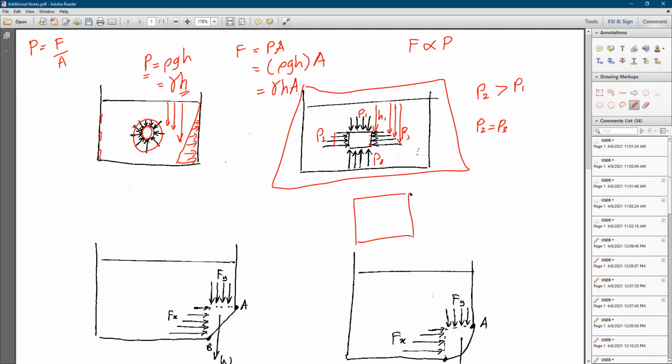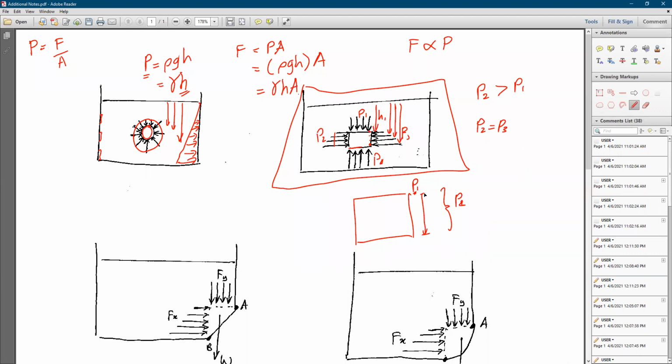Here is P1, and from here further down until this point, this h, is your P2. And this P2 will increase.